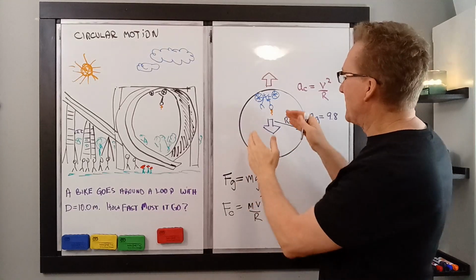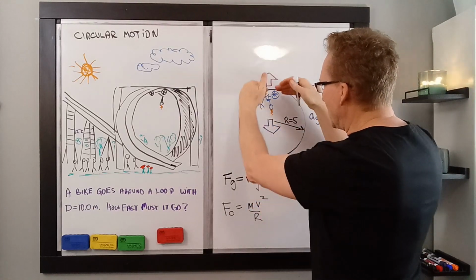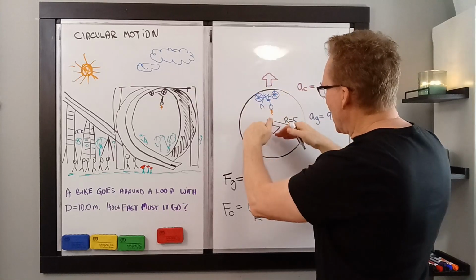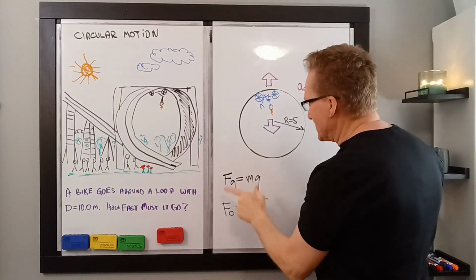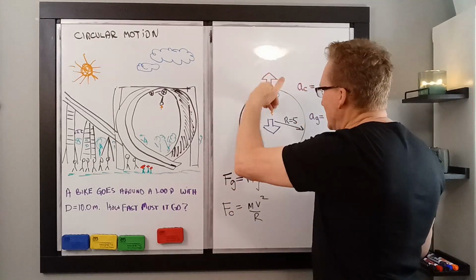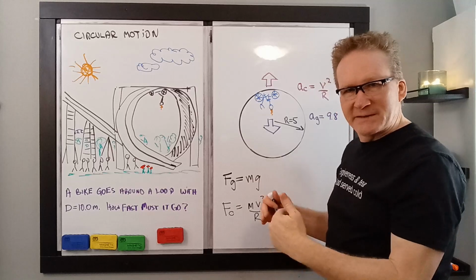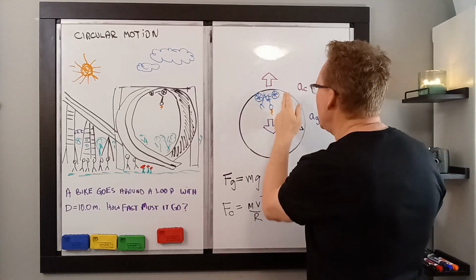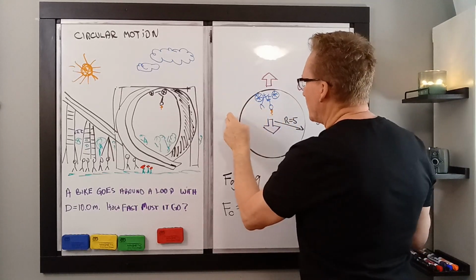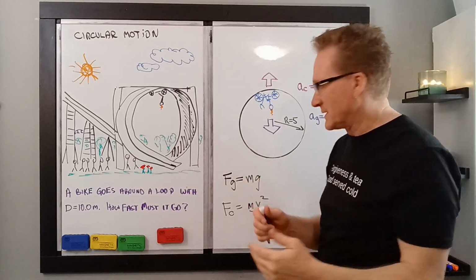And if we now take this biker and we say the biker's going to experience a force of gravity downward that wants to pull him off the ramp and make him fall, that has to be exactly equal to the centripetal acceleration that he's experiencing inward, caused by the ramp. This centripetal acceleration inward is also going to be equal to the outward force that he feels, which we call the centrifugal force.